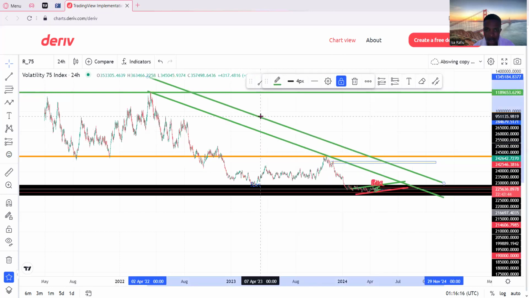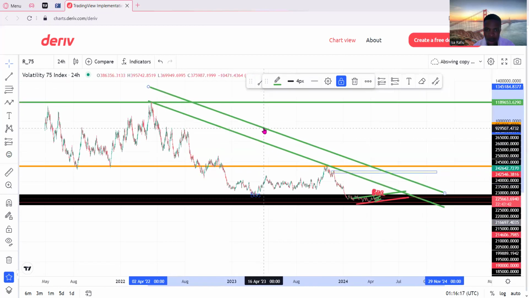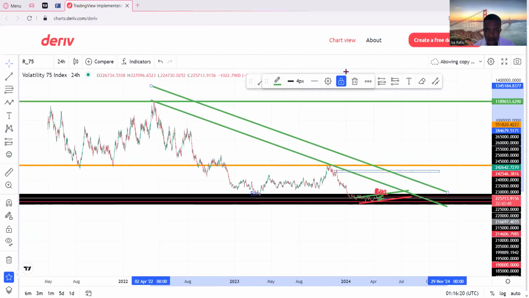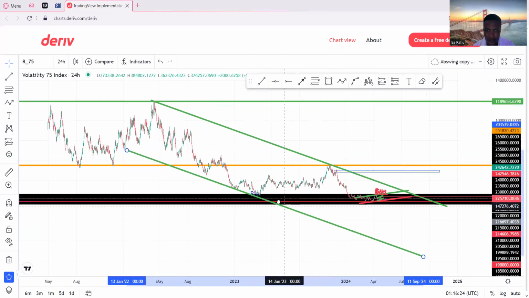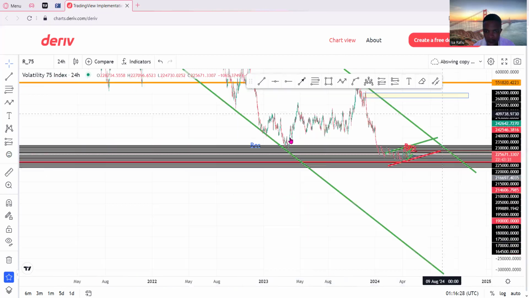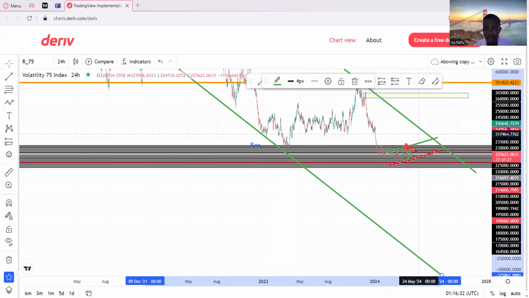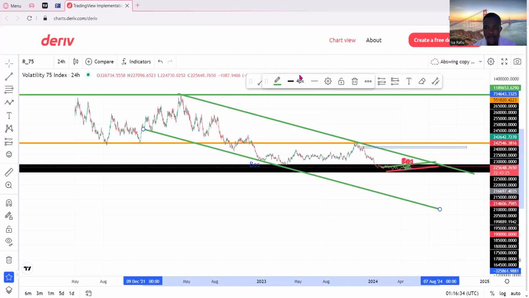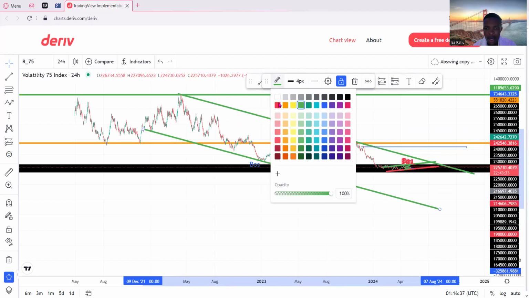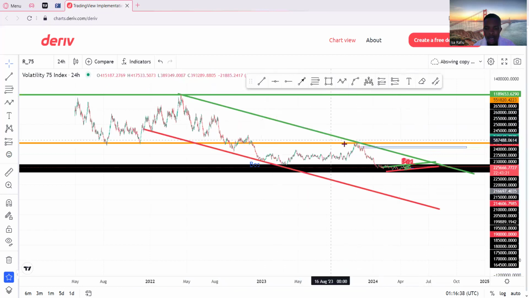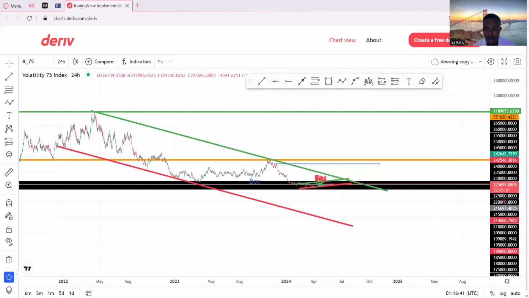Just clone it, then take it to the last one here. Immediately you do that, just lock it. Then you can change it to red. So that's how that one comes about.